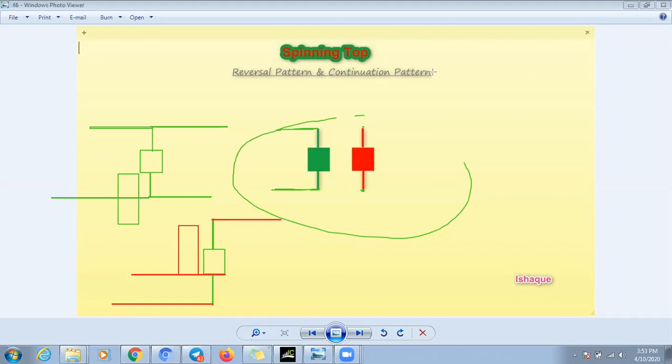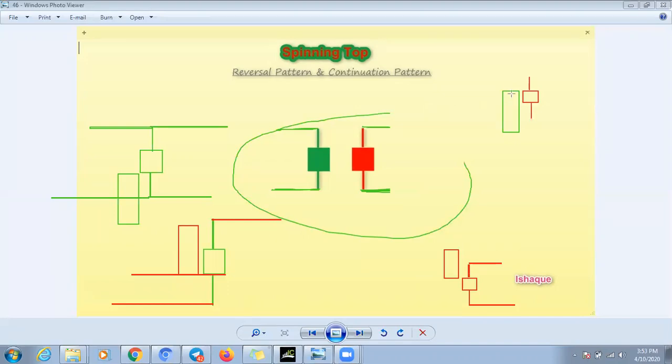And if you find a red candle, and after the red candle you find a spinning top, in this case this spinning top has only two levels, which is clear. But if at the top you find a green candle, and after this green candle you find a red spinning top, look at this red spinning top.